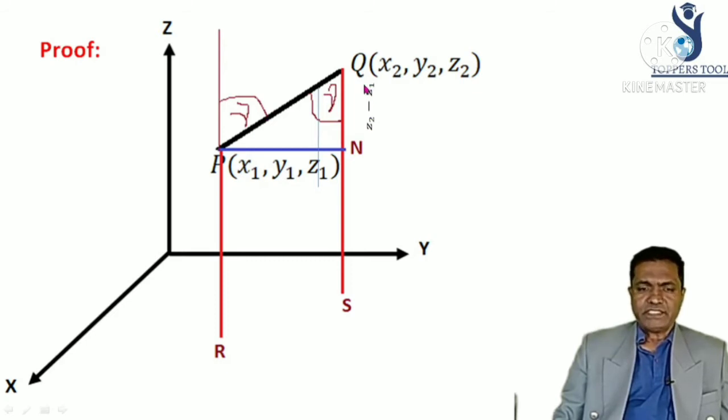Okay. Now this distance you have to find first, because we require that. So this distance is z2 minus z1, because, looking at the coordinates, z2 stands for the position of the point Q at a distance z2 from the xy plane. So this distance is z2 and this distance is z1. Okay, so QN is z2 minus z1.